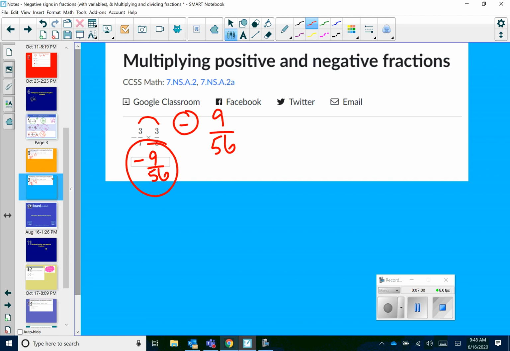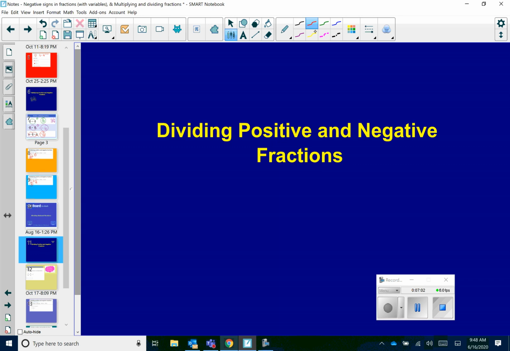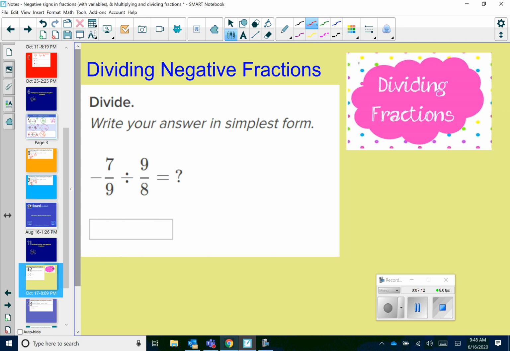Let's move on to some dividing positive and negative fractions. Again, we're just going to use the same tic-tac-toe trick that we've been using. So moving on to the first problem. I've got a negative divided by a positive, which gives me a negative.